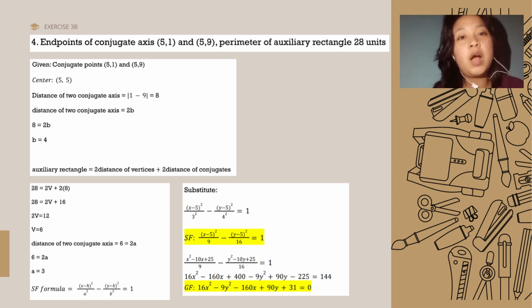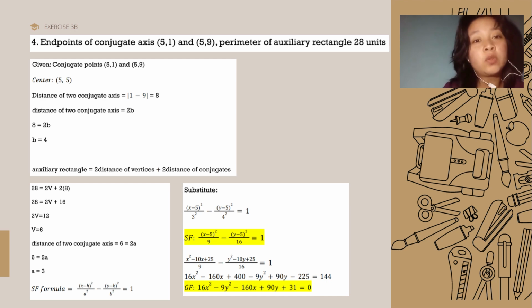4. So, our auxiliary rectangle is equal to 2 distance of vertices plus 2 distance of conjugates. So, since ang ating auxiliary rectangle is having a 28 units, so 28 units is equal to 2 vertices and 2 distance of conjugates, which is 8. So, 28 is equal to 2v plus 2 times 8 is equal to 16, wherein 2v is equal to 12.